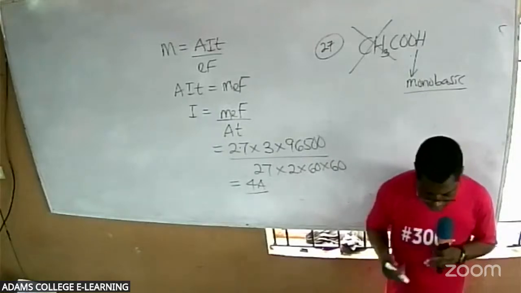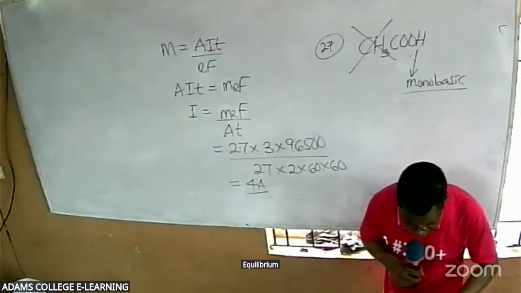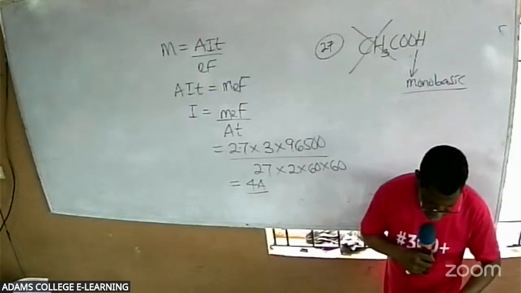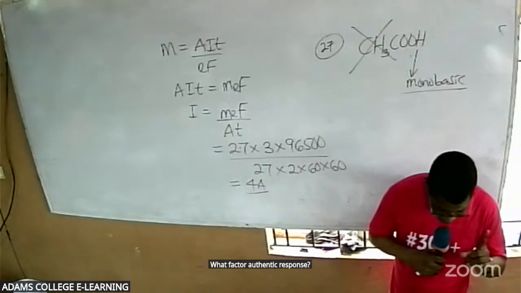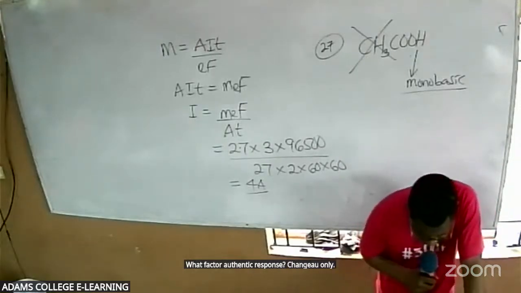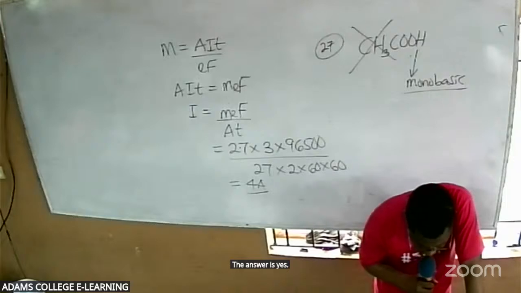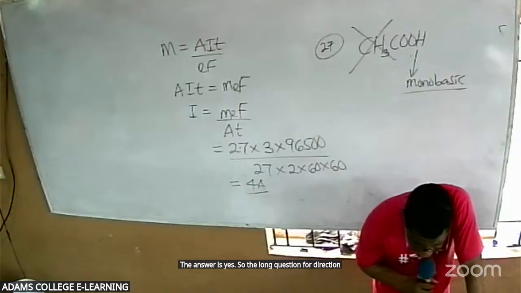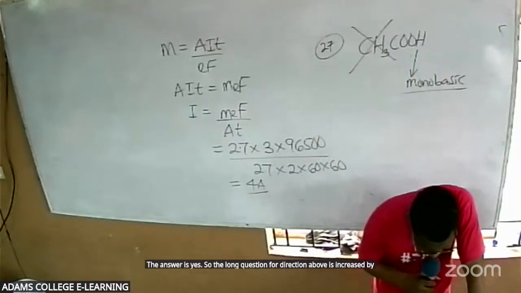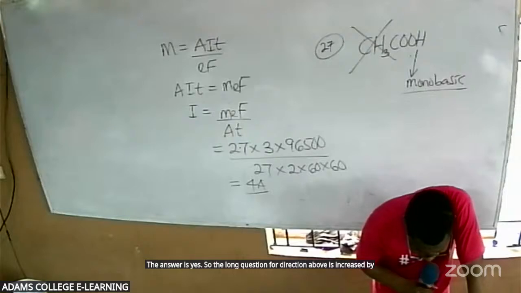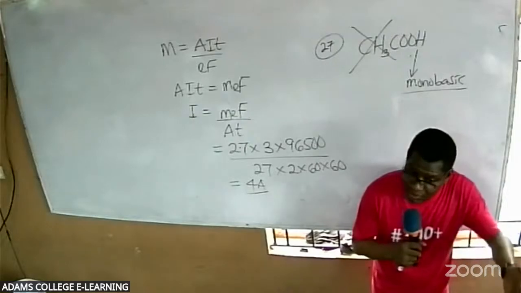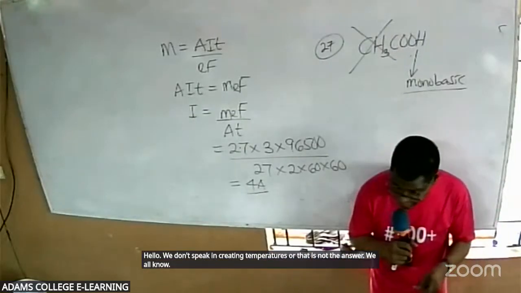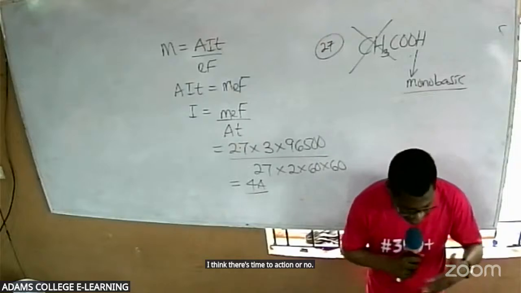Question 29: equilibrium constants. What factor affects equilibrium constants? Temperature only. The reaction is exothermic or endothermic. So the equilibrium constant for the reaction above is increased by... well, we don't speak of increasing temperature, but that's not the answer. I hope we all know, but it's an exothermic reaction, no. But that's the only thing that affects it.